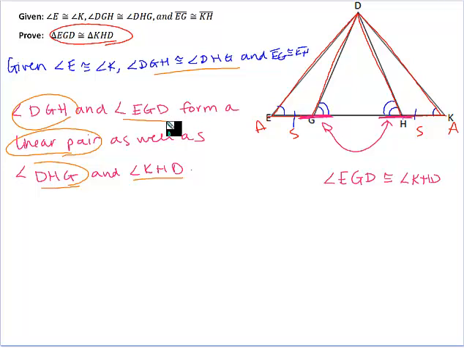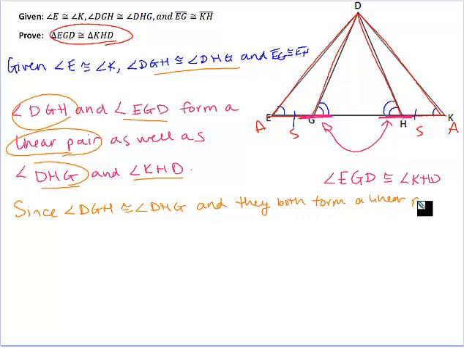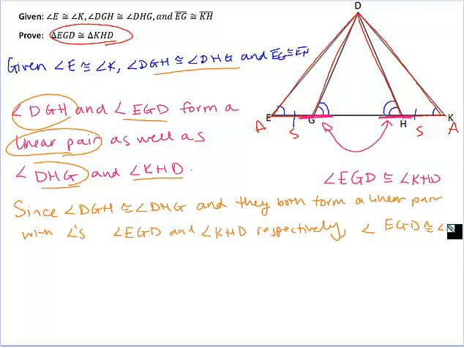Now we need to just write that down. So since angle DGH is congruent to angle DHG, and they both form a linear pair with angles EGD and angle KHD respectively, angle EGD should then be congruent to angle KHD.